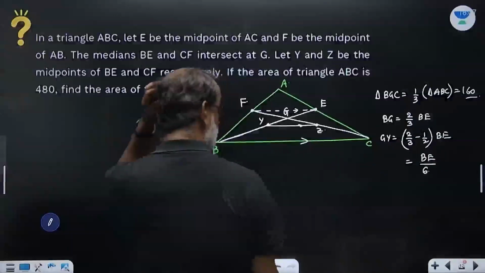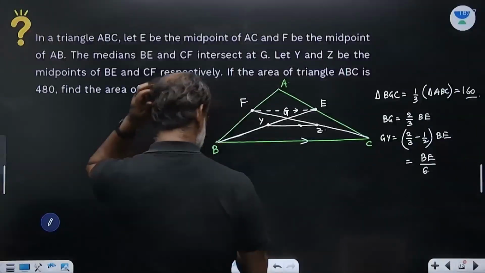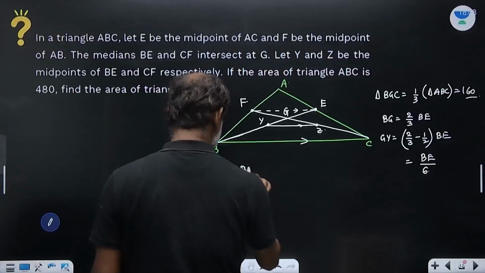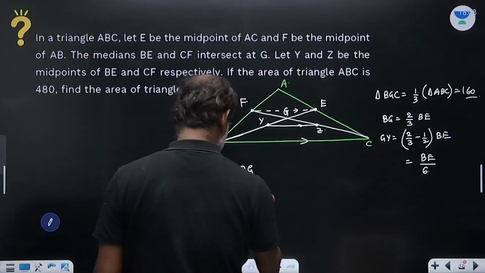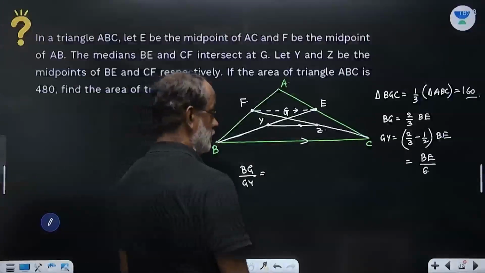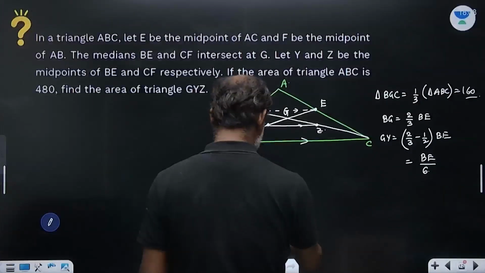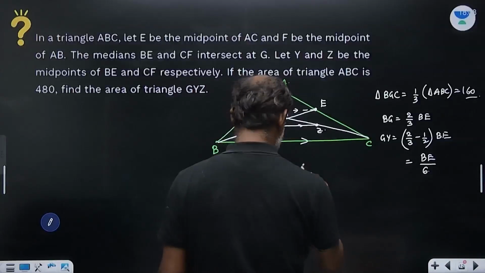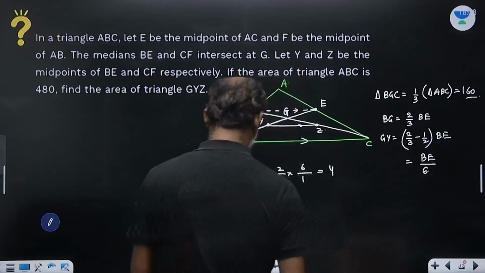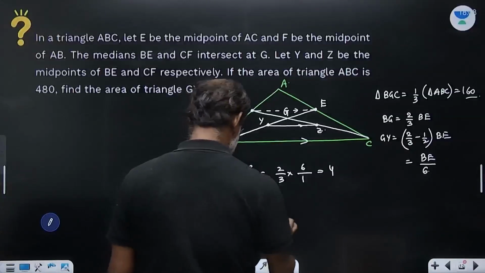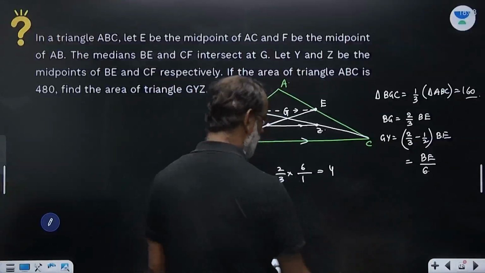So BG by GY, okay. So BG upon GY is 4. And now we are through.